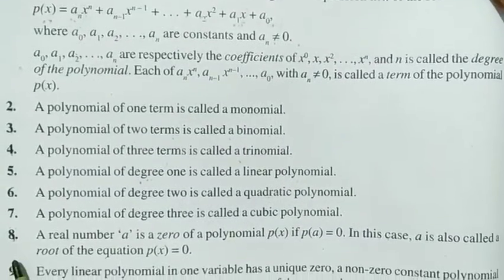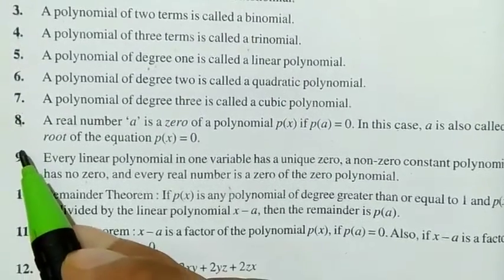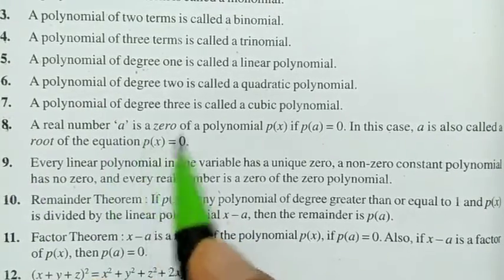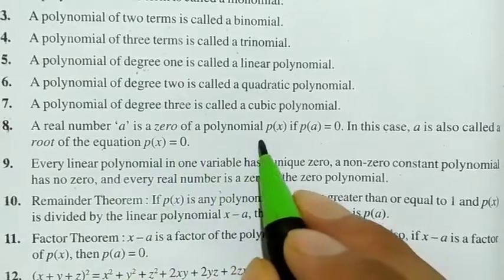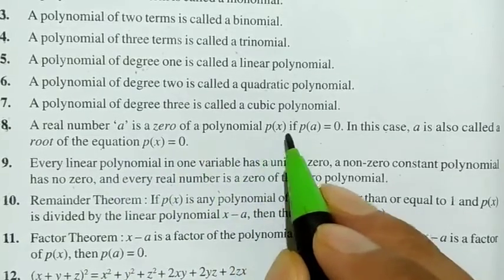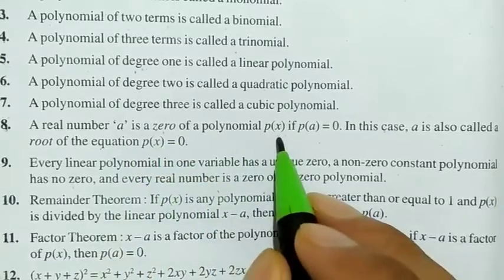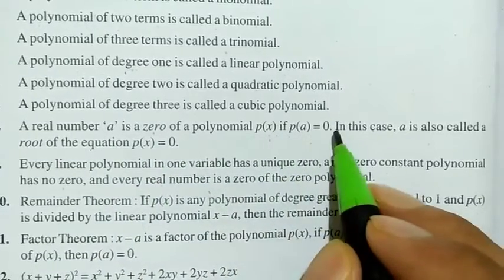Now the 8th point: a real number a is a zero. Here a is a real number and it is called a zero of the polynomial p(x). The polynomial is p(x), in variable x. It's called a zero of the polynomial p(x) if p(a) = 0.